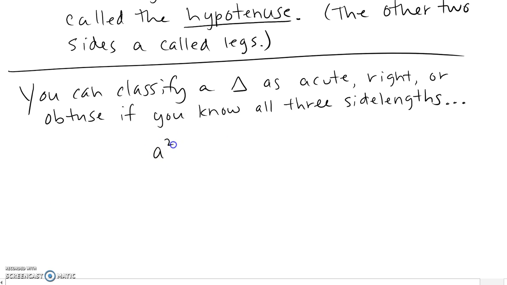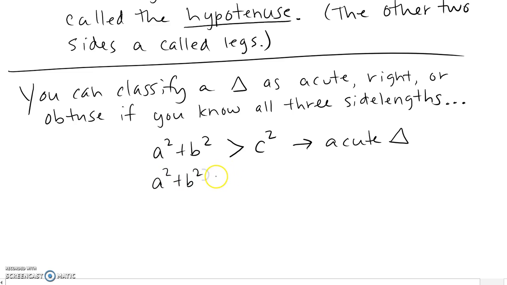If a squared plus b squared is greater than c squared, then it is an acute triangle. Like the classic triangle where all 3 of the angles are less than 90 degrees. If a squared plus b squared exactly equals c squared, that's the Pythagorean theorem, which means it's a right triangle.